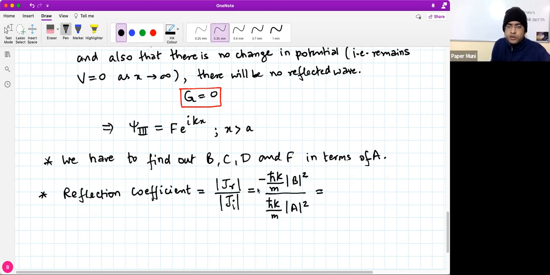So |J| square. There's a mod outside also, right? The J is this one. Now there's a mod outside, so this is the mod here. If you take this mod, we'll have the magnitudes here, so we'll finally have this format. We can write like this.